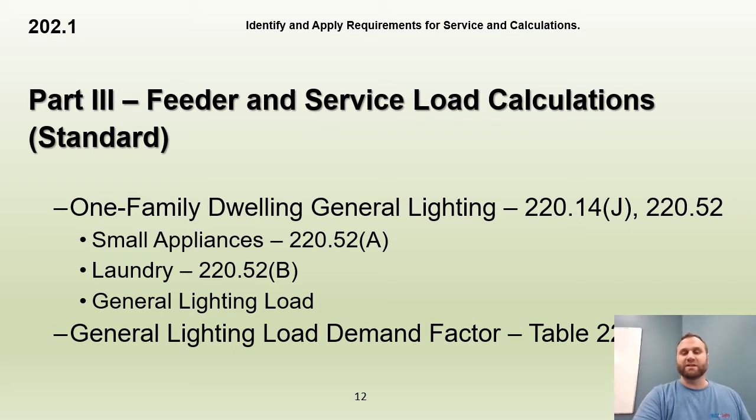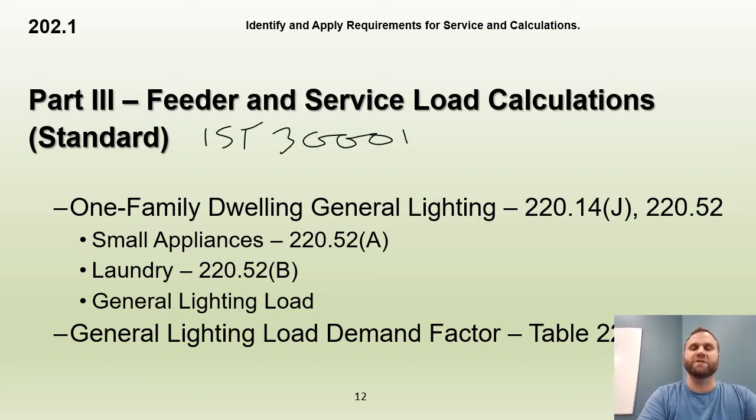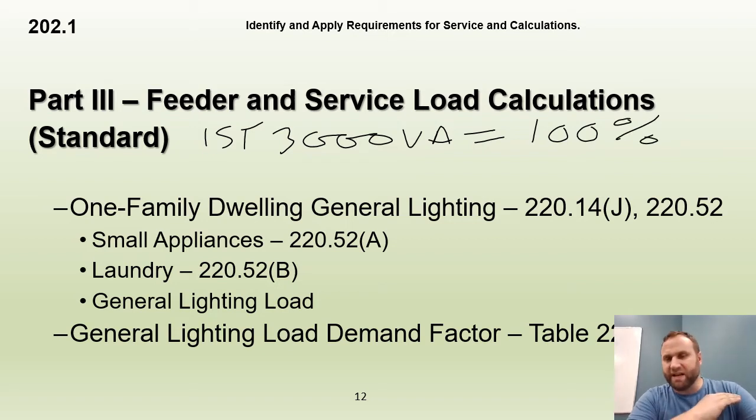It says at the very top of table 220.42 that the first 3000 voltamps we're going to use at 100%. So I'm going to immediately take the first 3000 off the top.